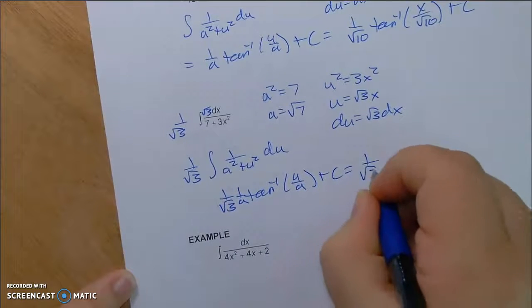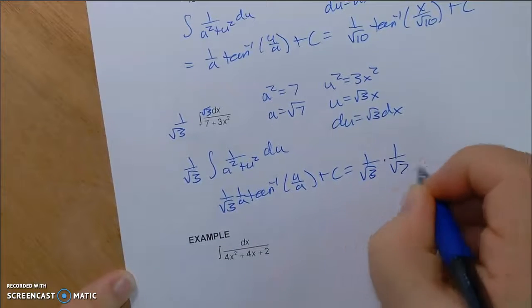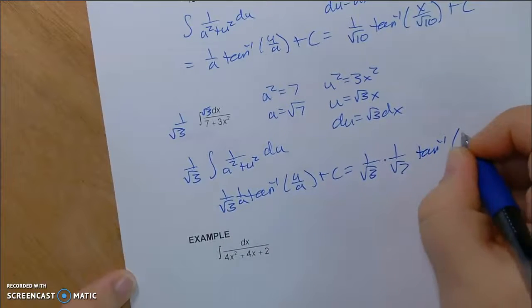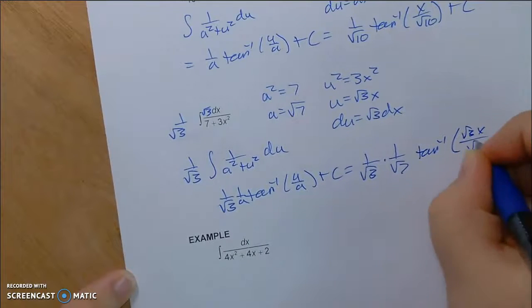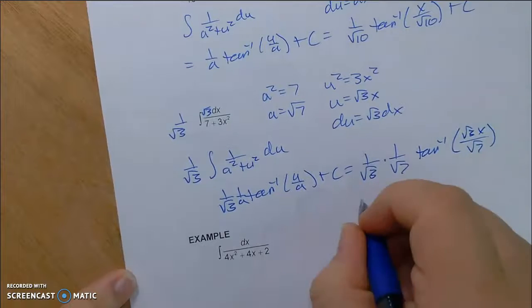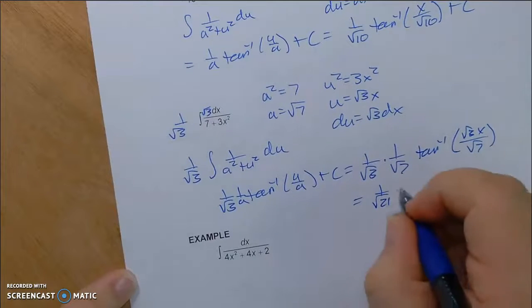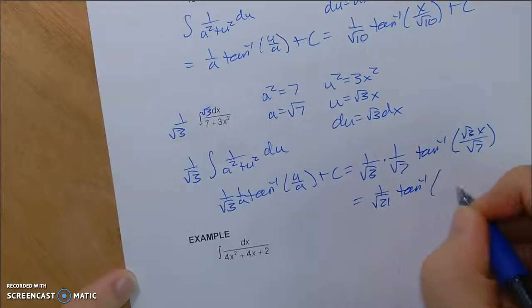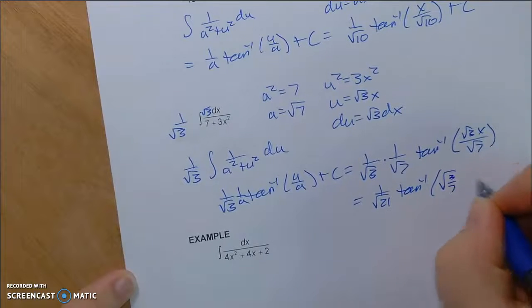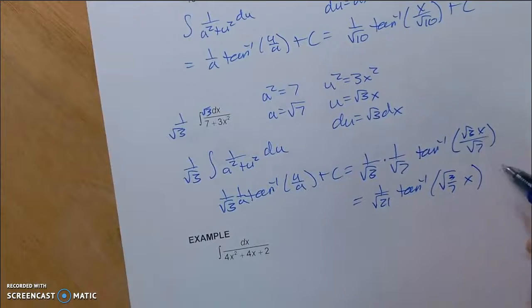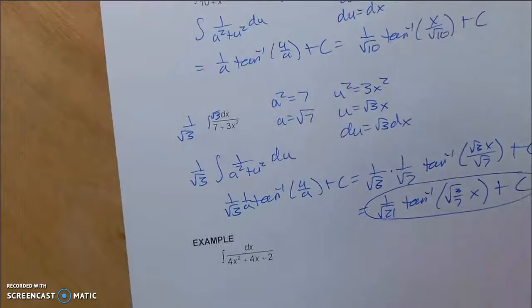So this is 1 over root 3 times 1 over root 7, inverse tangent of root 3 x over root 7. Simplifying this just a little bit, we have 1 over root 21, inverse tangent of root 3 over 7 times x. You can combine that, or you can leave them as two separate. Both are fine. I left off my plus c, and we're good.